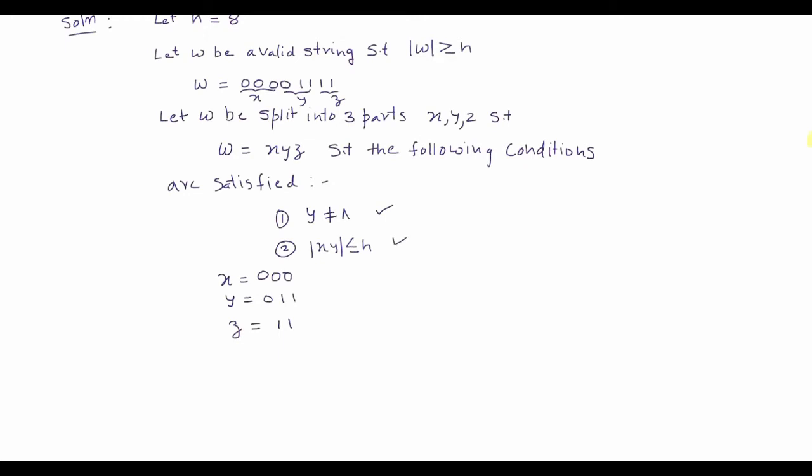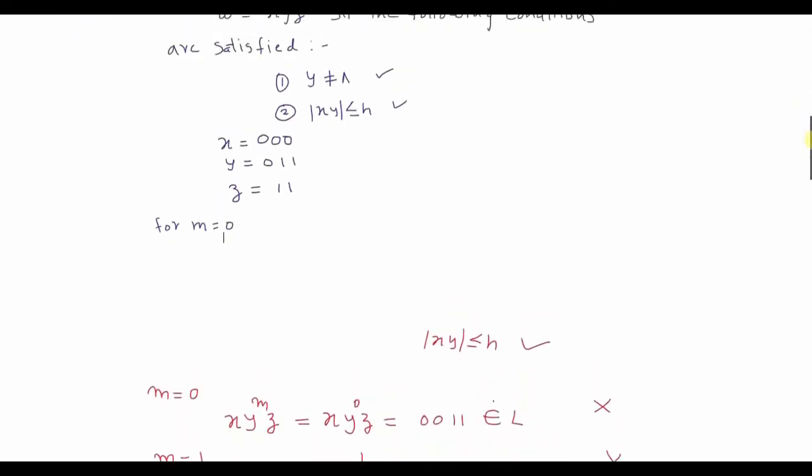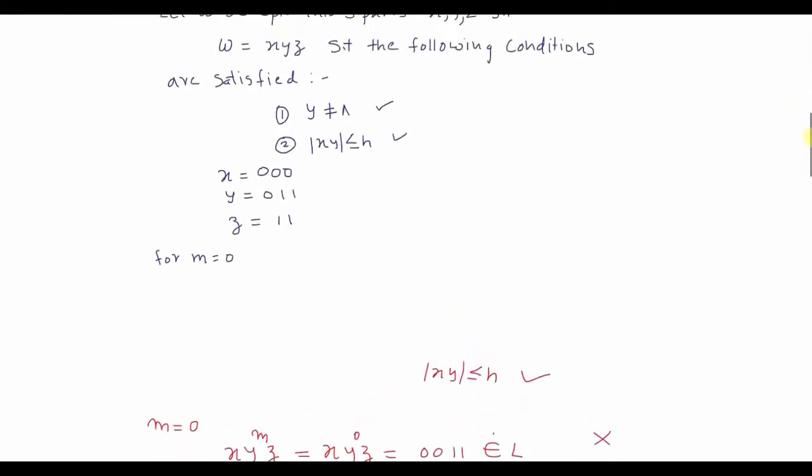Now, for m greater than or equal to 0, first I should start with m equal to 0. If that is not working, then m equal to 1 and so on.